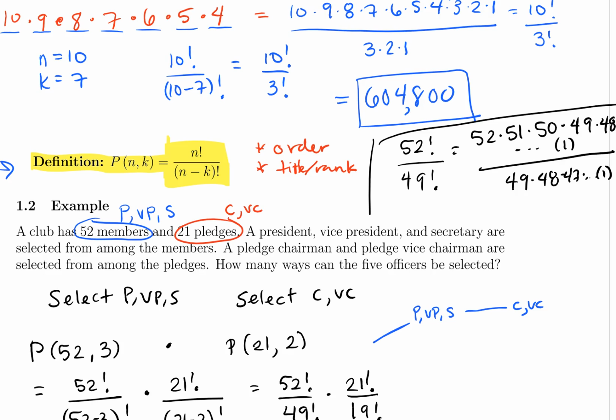Notice that once we hit 49, everything that came after 49, so 49 factorial, was in the numerator and the denominator. So that means that in our fraction 52 factorial over 49 factorial, we are simply left with 52 times 51 times 50. Once we hit 49, that is divided out by the denominator.